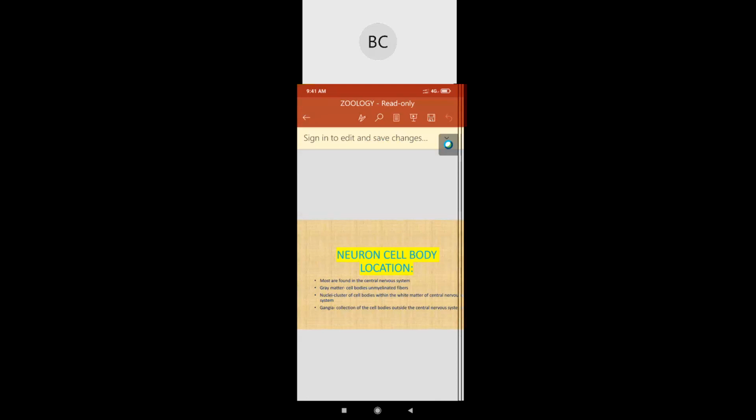Peripheral cell body, unmyelinated fiber. Nucleus, a cluster of cell bodies within the white matter of the central nervous system. Ganglion, a collection of cell bodies outside the central nervous system.